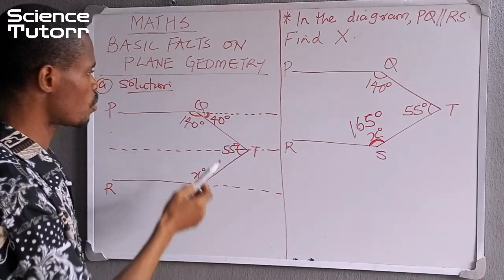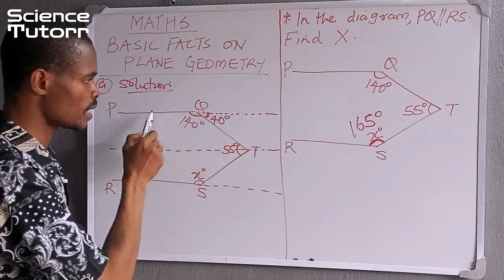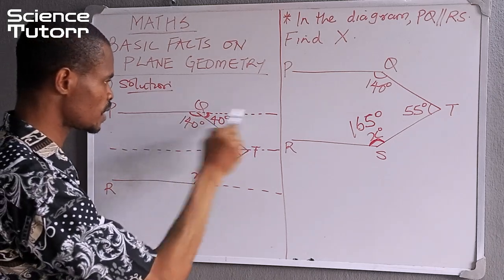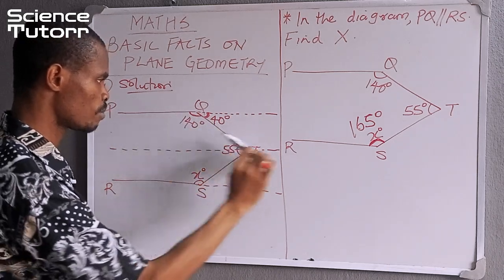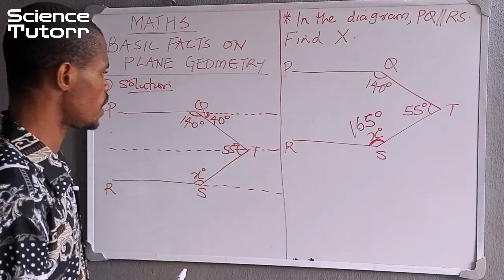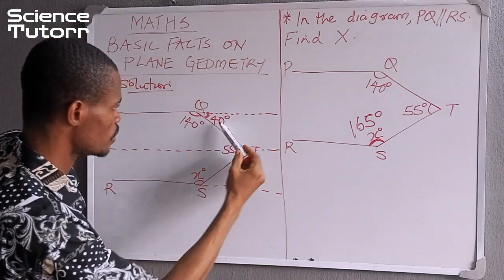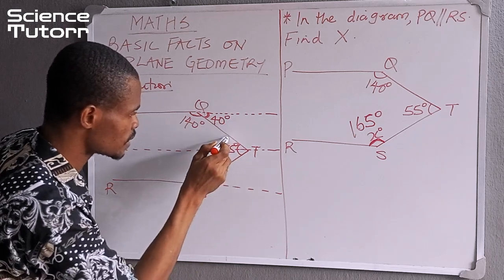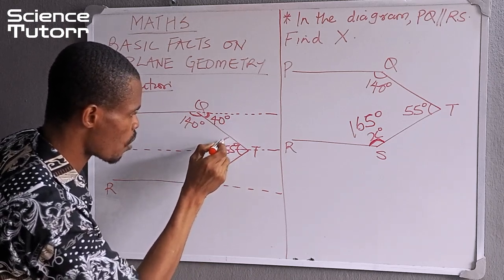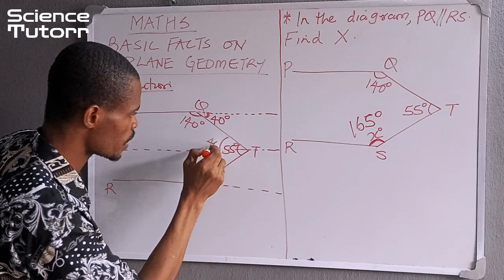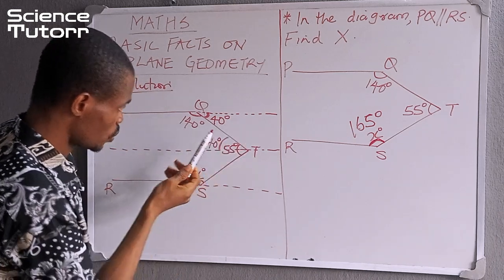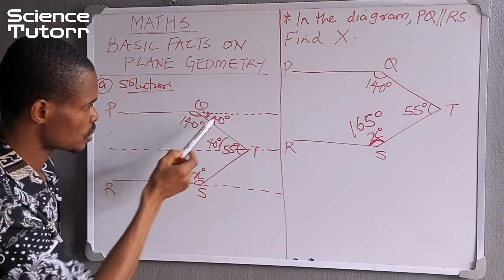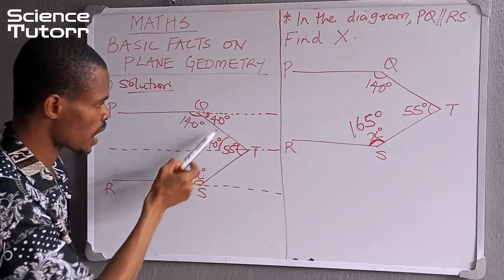The theorem applicable is angle on a straight line is 180. So this is a straight line, that makes this plus this equal to 180. This angle is 40, so it simply means this angle will be 40. The theorem applicable here is alternate angles are equal.